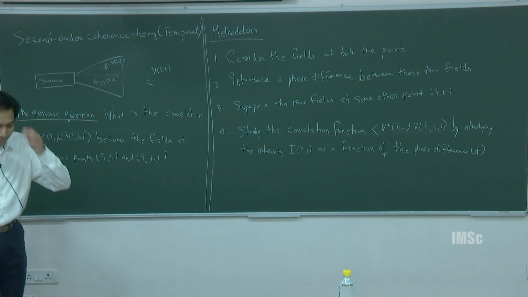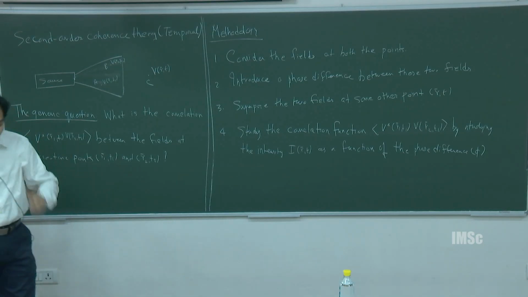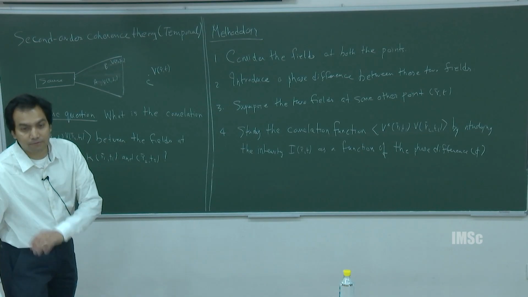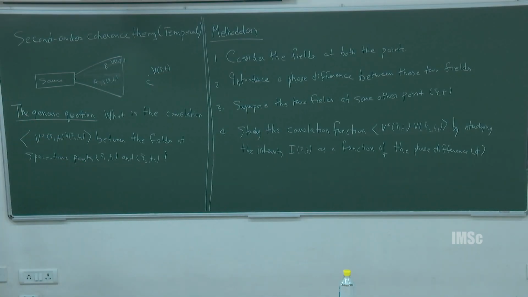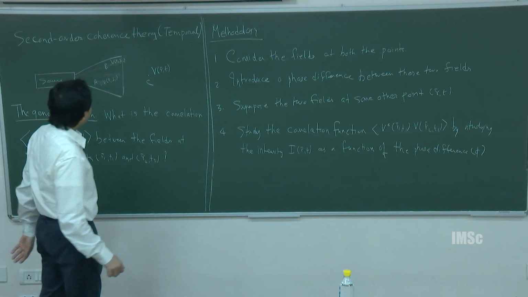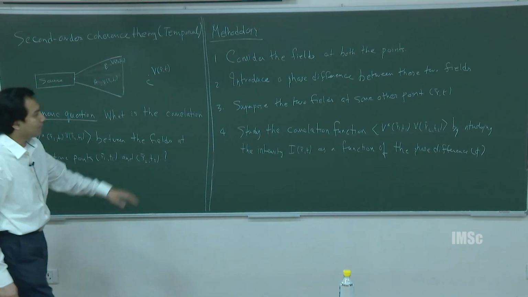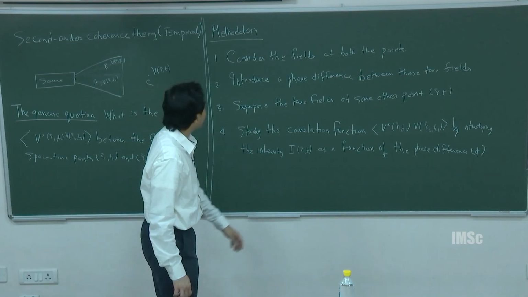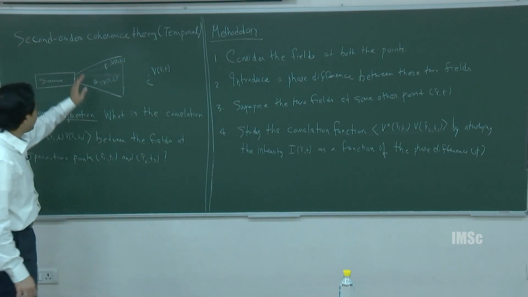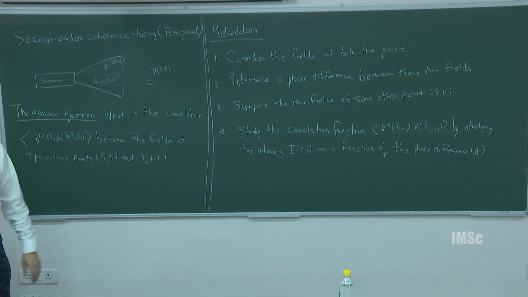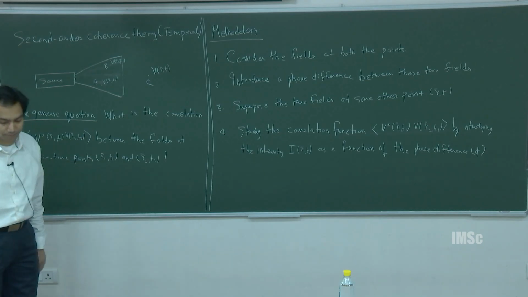When we study temporal coherence, we generally ignore the spatial variation of the field. So we will only be concerned about the time arguments T1 and T2. As we proceed with the analysis, for brevity of notation, we will suppress the spatial coordinates, because we are not interested in how the field varies spatially.